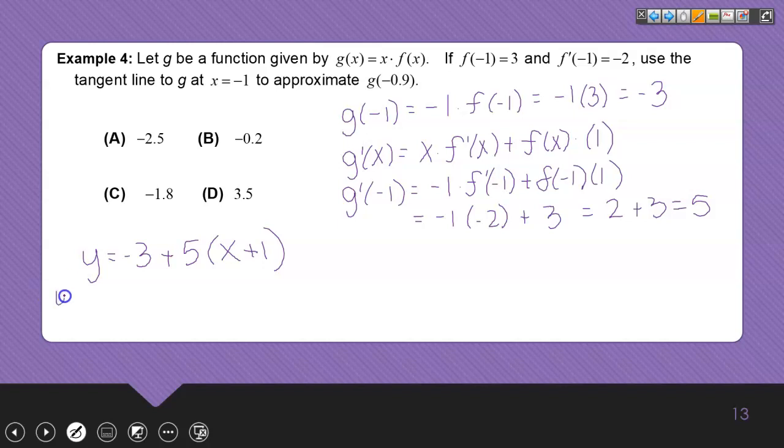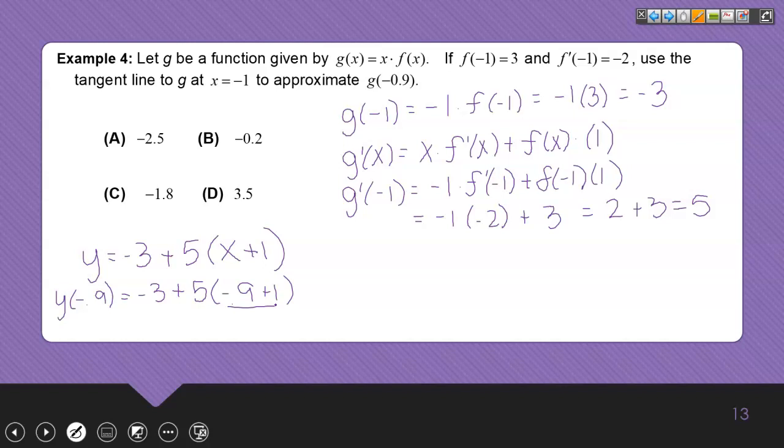So then what we're going to do is say y of -0.9 equals -3 plus 5 times -0.9 plus 1. So 1 minus 0.9 is 0.1. So 5 times 0.1 is really like 5 times a tenth.